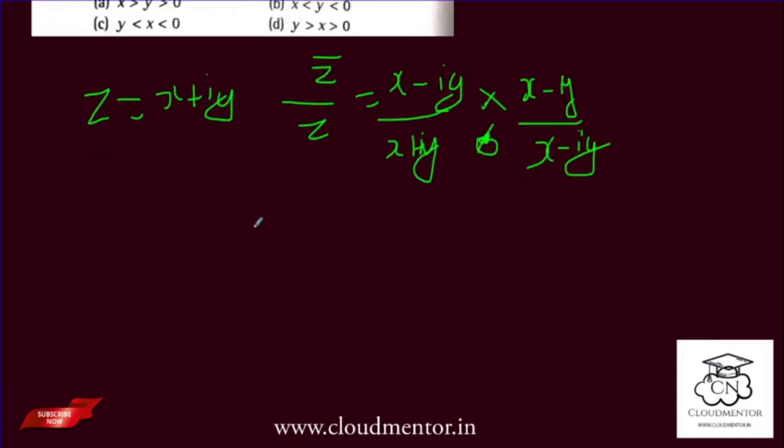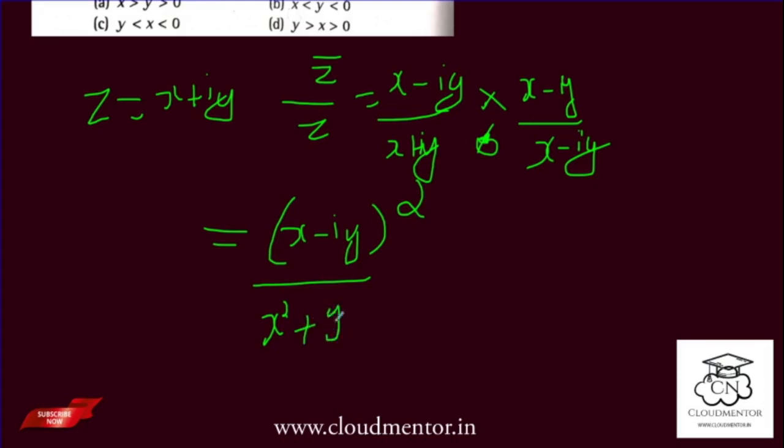Okay, now we get x minus iy times x minus iy, that is x minus iy the whole square, divided by x square minus iy the whole square, that is i square y square. The i square is minus 1, so minus of minus, so plus, that is x square plus y square.